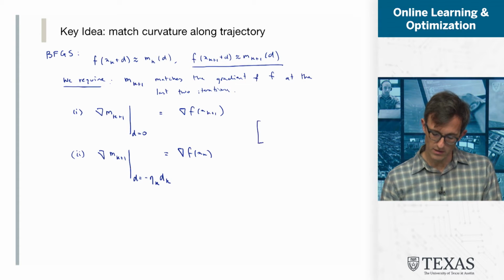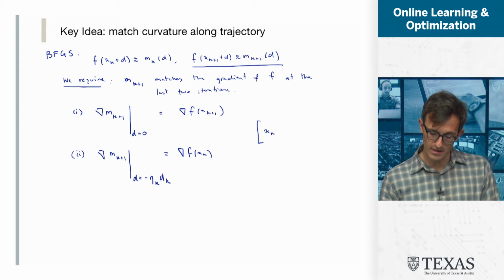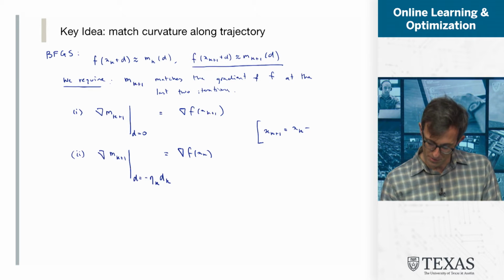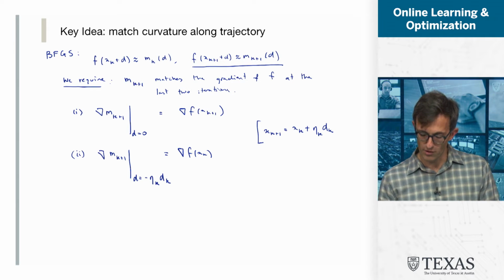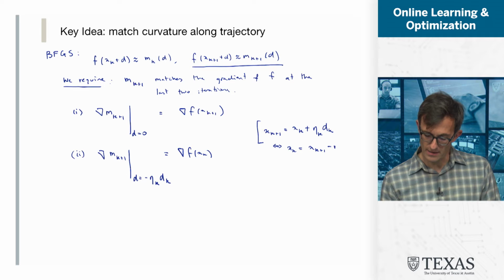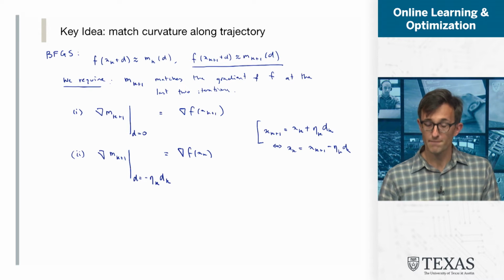Again, what I used here is that xk+1 is equal to xk plus eta k dk. Remember, dk already has a minus sign in it. And therefore, this is equivalent to writing xk equals xk+1 minus eta k dk.